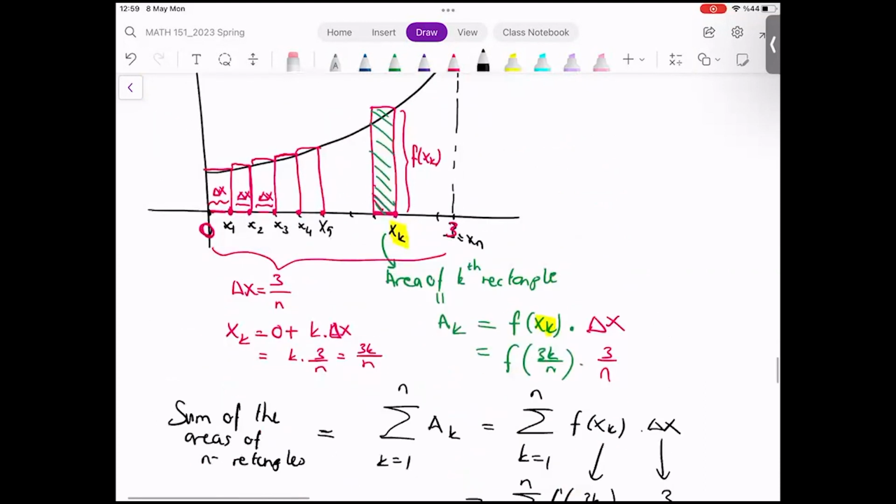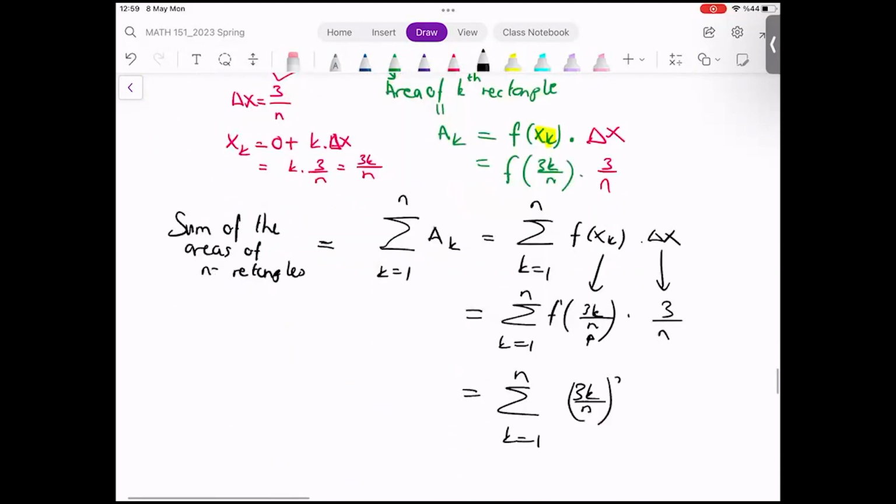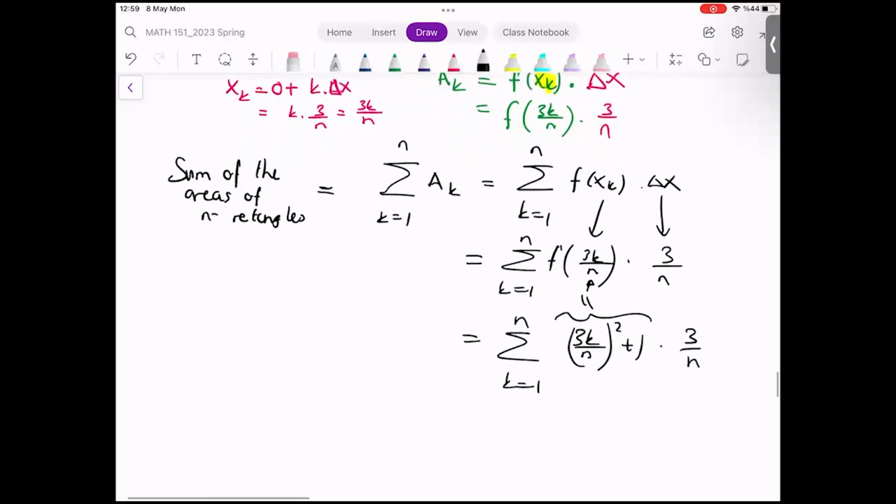So it is in fact (3k over n) squared plus 1. This is the image of your function at that given point, times 3 over n. Okay, now the rest is just computation. Compute this square and then we will multiply it with 3 over n. So what we have here is the sum for k from 1 to n of (9k squared over n squared plus 1) times 3 over n.